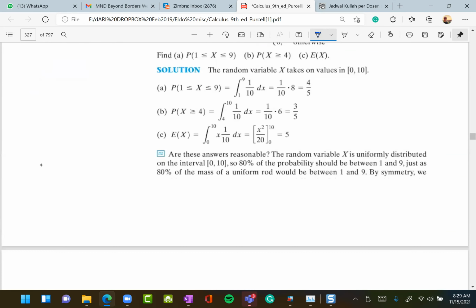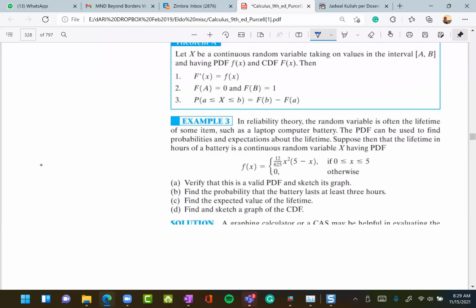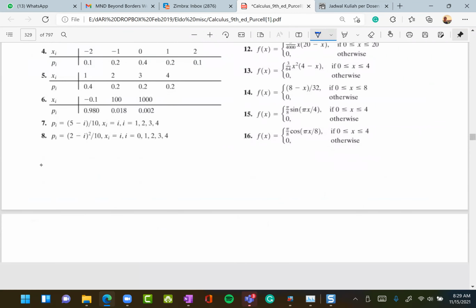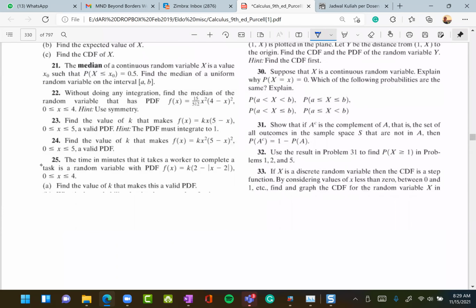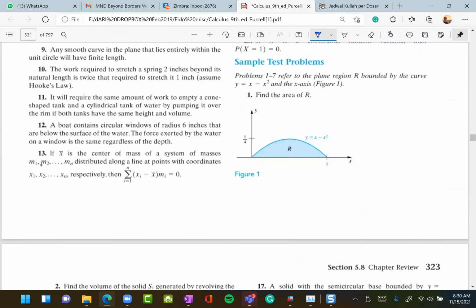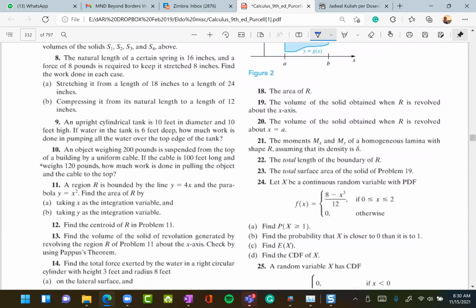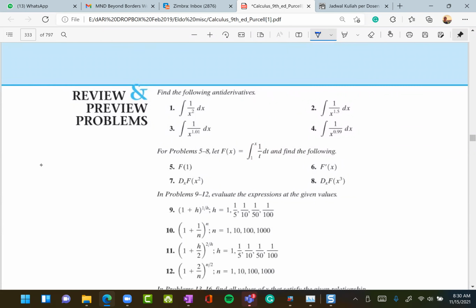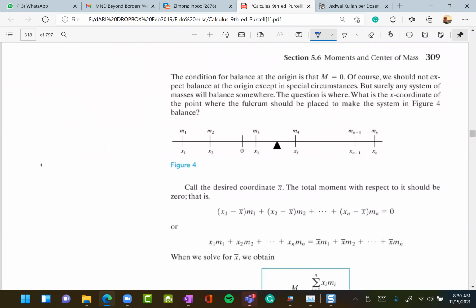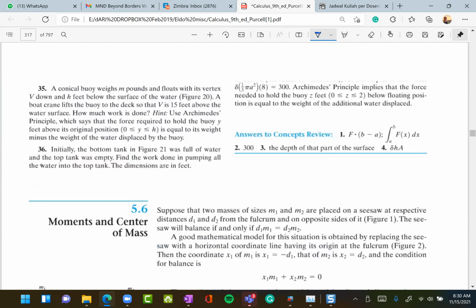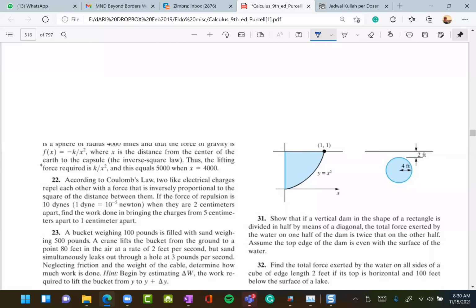Where is the next section? Sorry, it turned out to be the previous section actually. This should be the last one here. All right.